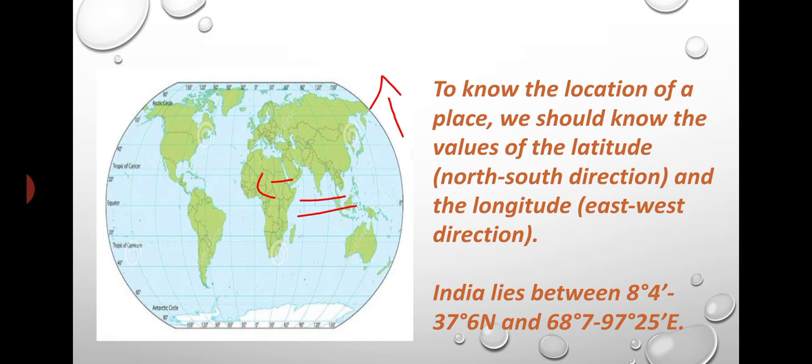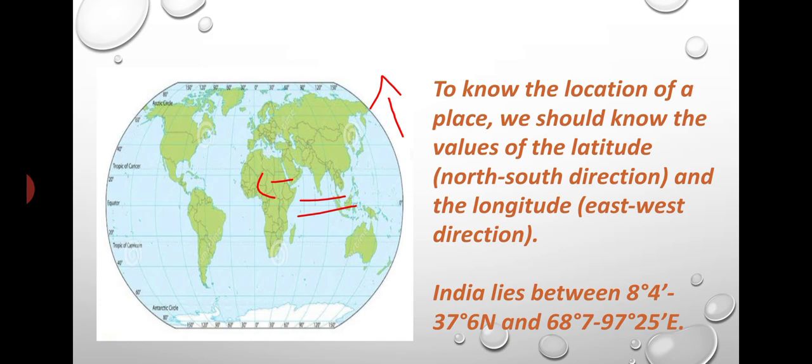How are they marked? From 0 degree equator to the north as well as to the south, and from 0 degree prime meridian to the east as well as to the west. Based on those values, we locate the places on the globe.